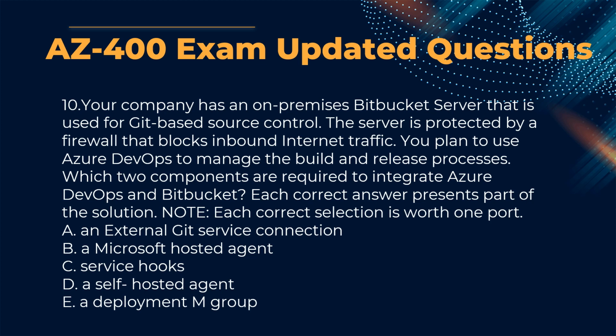Each correct answer presents part of the solution. Note: each correct selection is worth 1 point. A. An external Git service connection. B. A Microsoft-hosted agent. C. Service hooks. D. A self-hosted agent. E. A deployment group.